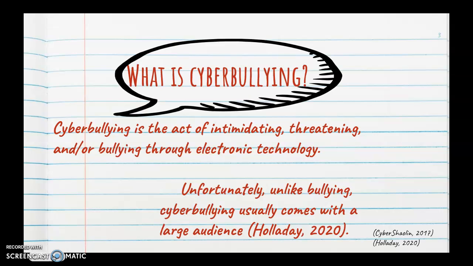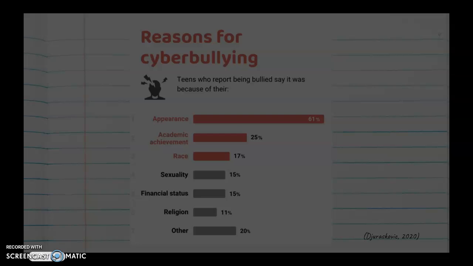Cyberbullying is the act of intimidating, threatening, and or bullying through electronic technology. Unfortunately, unlike the traditional bullying that we are used to, cyberbullying usually comes with a large audience.